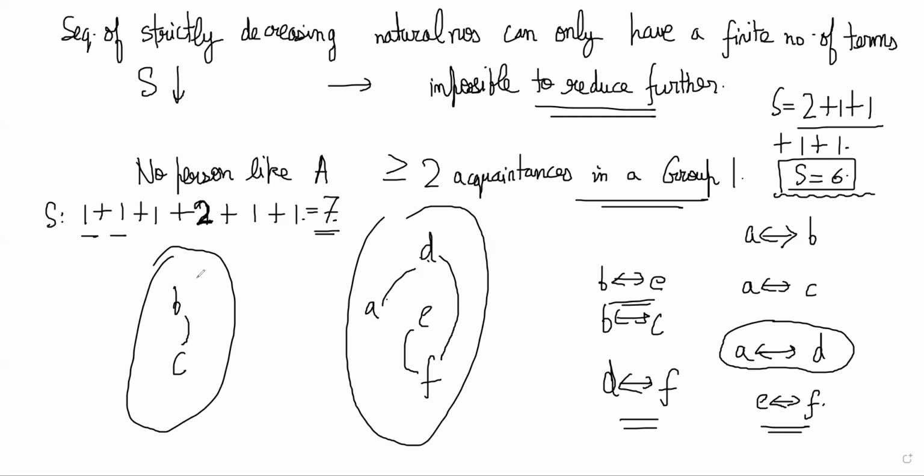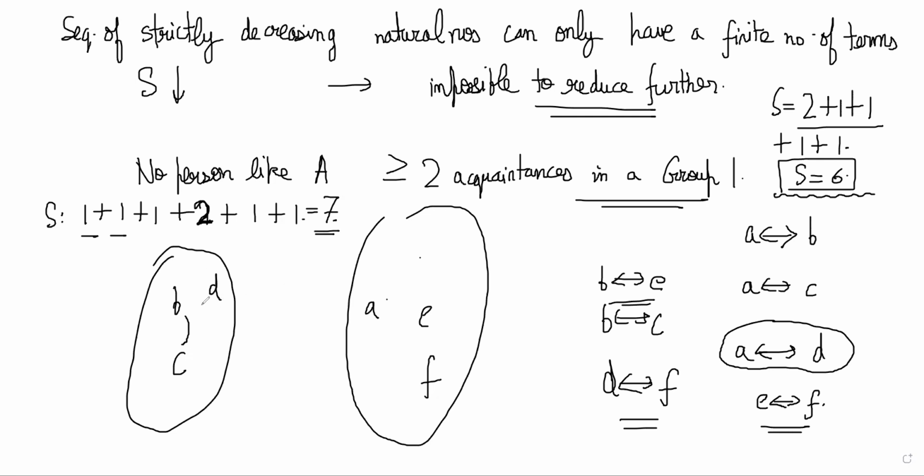The step that we wanted to do was to replace all the people in different groups. So we shifted A to this side, and we should have automatically shifted D also to the other group. There are 2 people like that.